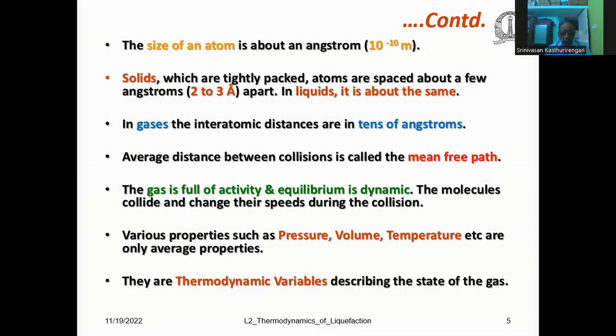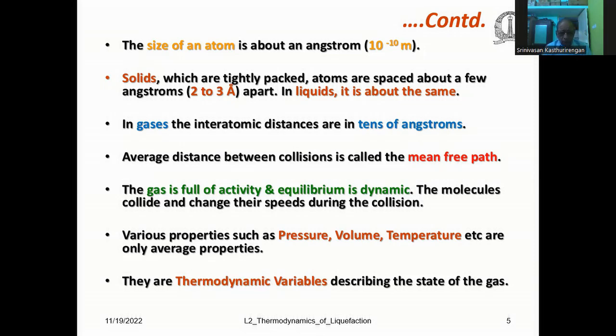Now, the average distance between the collisions of gas molecules is called the mean free path. What you notice is that the gas state is full of activity, and the gas is in what you call dynamic equilibrium. The molecules collide and change their speeds during the collisions.